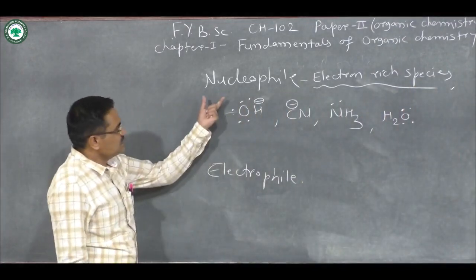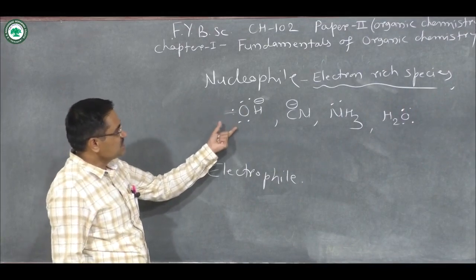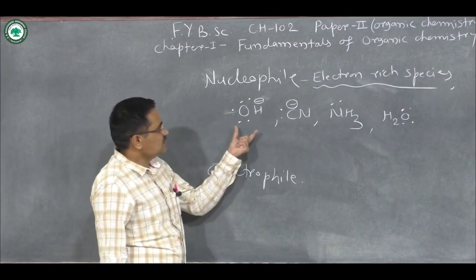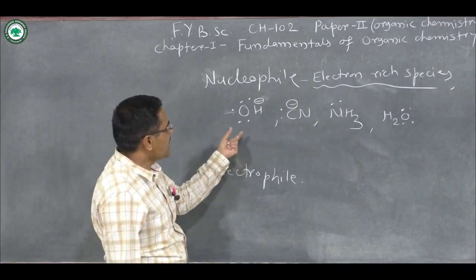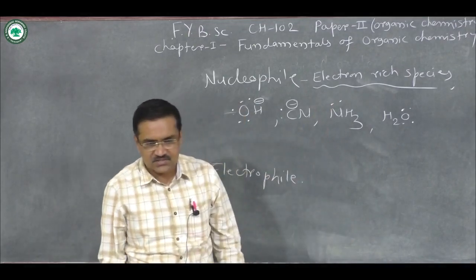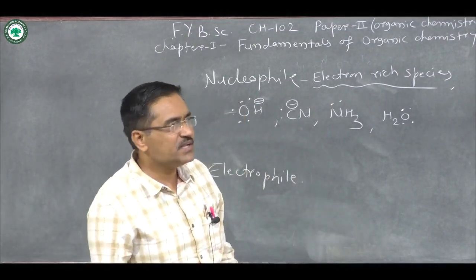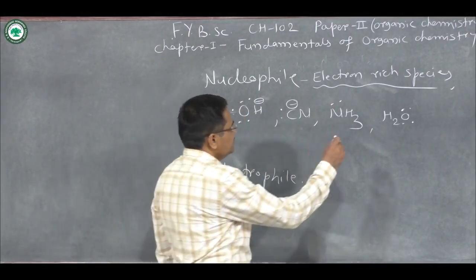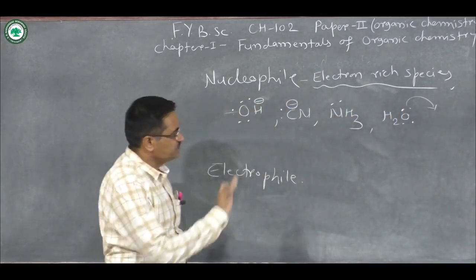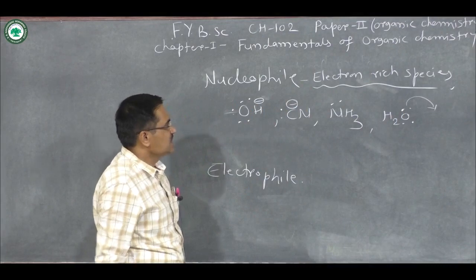Now when we consider these examples, generally all these species have lone pairs of electrons, and hence they are electron rich and they donate the electron to another species.